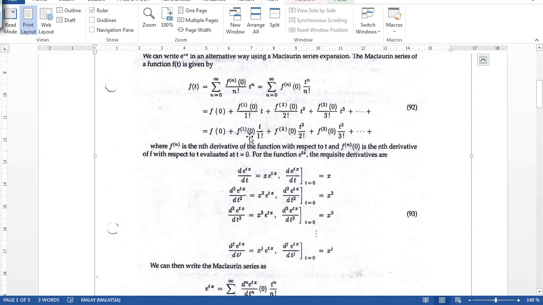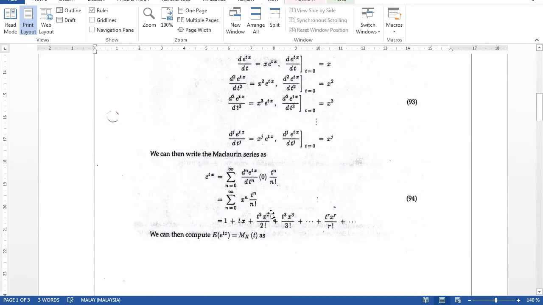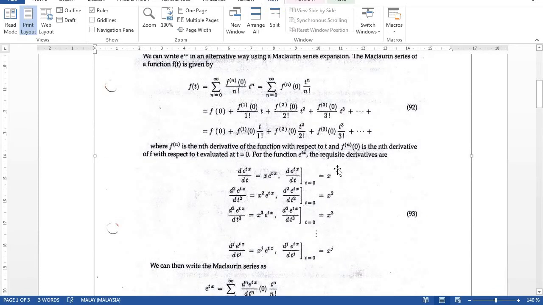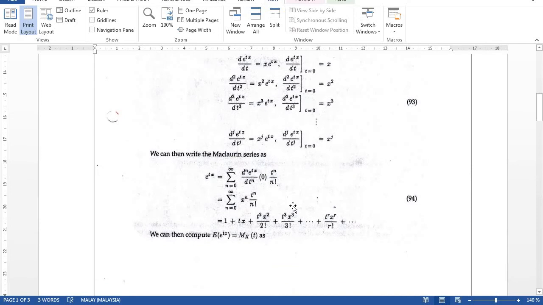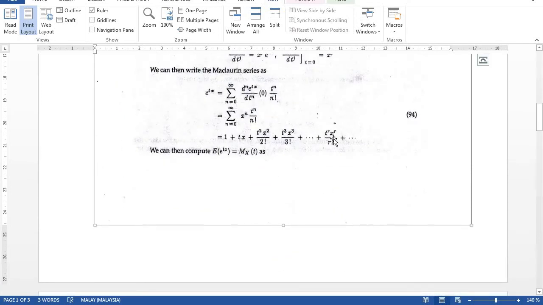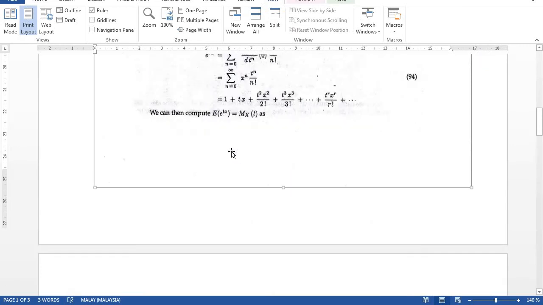As you can see here, we replace the f1, f2, f3 that we obtained from here with x, x squared, x cubed, and so on, and then multiply with t to the power 1, t to the power 2, and so on. That's why you get this, exactly following the Maclaurin series, to solve the function e to the power tx. So this is what we get using the Maclaurin series to solve e to the power tx.